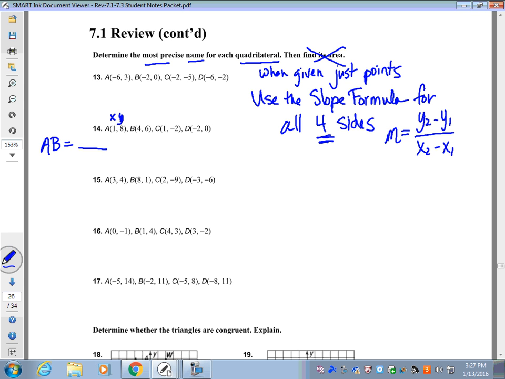So we're going to do Y2 minus Y1, so that's 6 minus 8 on the top. And then what's going to go at the bottom for X2 minus X1? Yeah, 4 minus 1. And then you're going to simplify. 6 minus 8 is a negative 2. 4 minus 1 is just 3. And that's your slope.